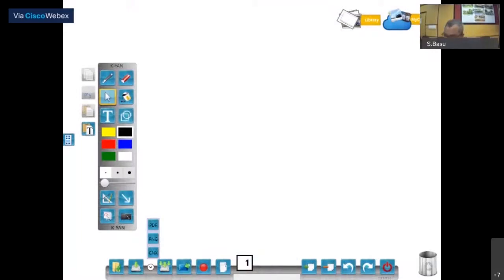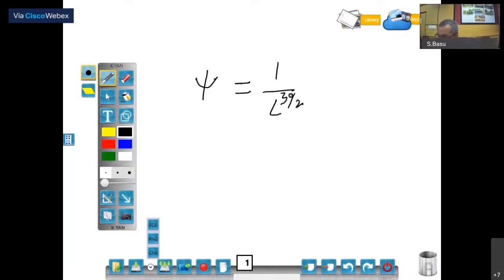One is the psi for a plane wave. This is because I consider my sample to be a box of side L. So this is a normalization term. This is a plane wave function.